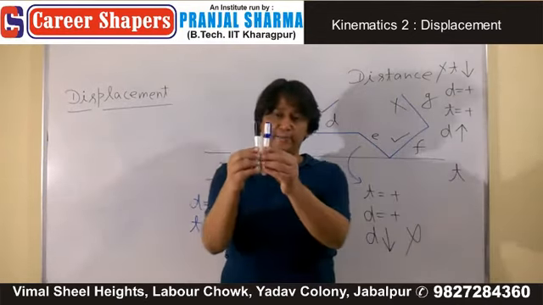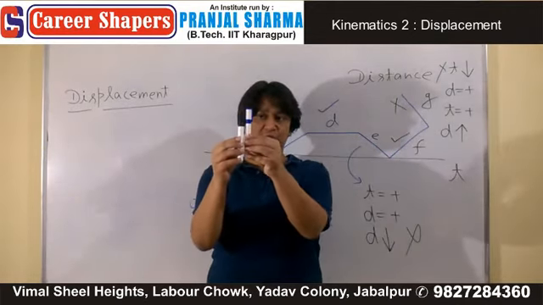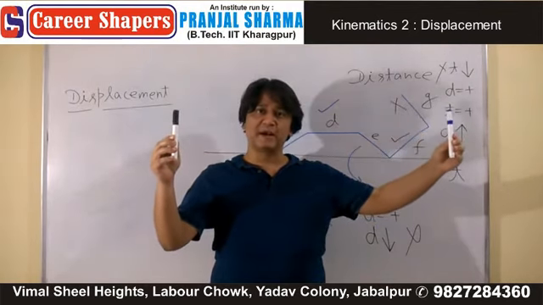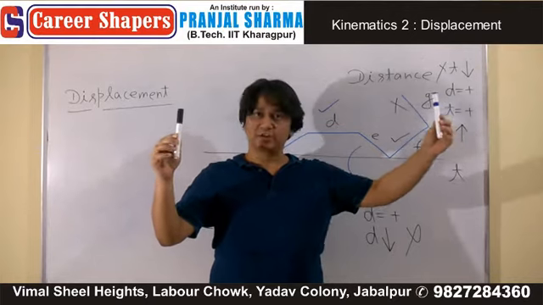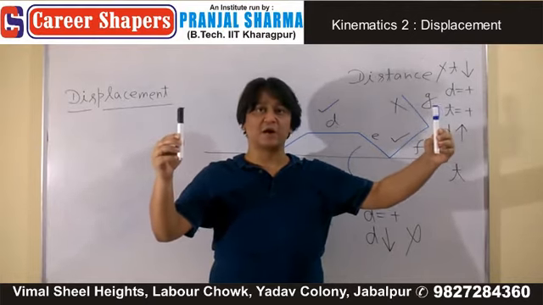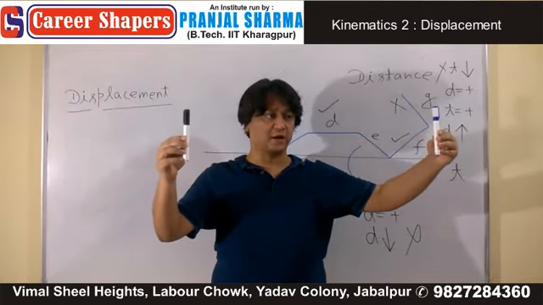If this is the starting point and an object starts moving away from it, we'll say that displacement is increasing. If it stops, then displacement is not increasing, it has become constant.